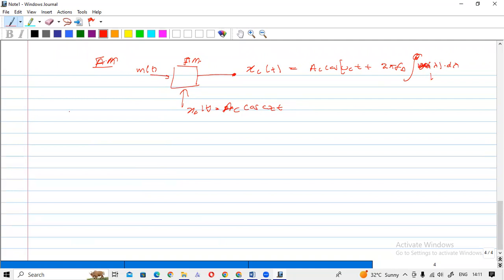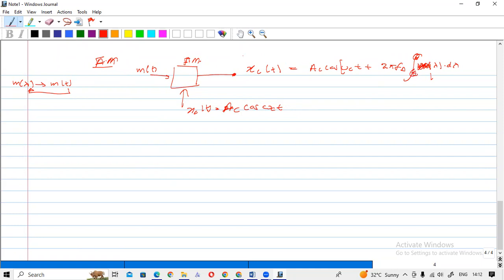This m lambda is nothing but mt. Only you transfer this t to lambda; instead of t, you are using lambda here. So it is m lambda in t.